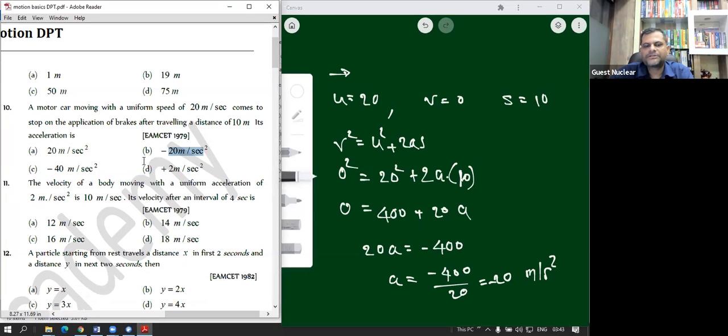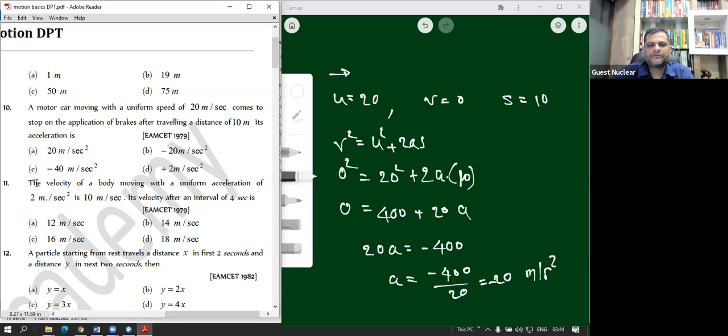Okay, but since they have asked acceleration here, we have to mark this answer as minus 20 meter per second square. Okay, if they had asked retardation, तो retardation अगर पूछा रहता तो हम यहाँ पे ये आंसर मार्क करते थे, याद रखो ठीक से, ठीक है? Because acceleration and retardation are just opposite concepts, just negative of each other.